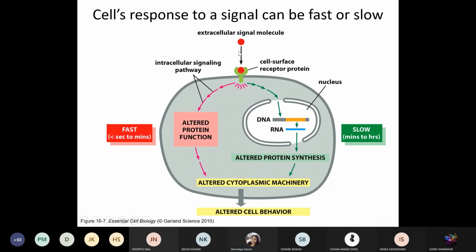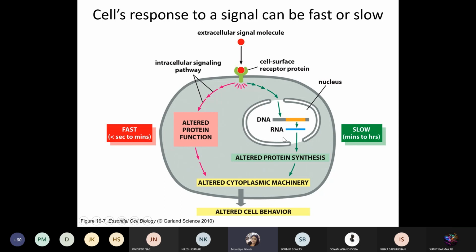So the extracellular signaling molecule traverses inside the nucleus and acts on the DNA and RNA material, and altered protein synthesis happens. Here the altered protein functioning happens. Whatever protein the intracellular signaling molecule acts on is itself altered, and the cell gives its altered functioning. In the case of altered protein 1, it gives a very fast reaction.